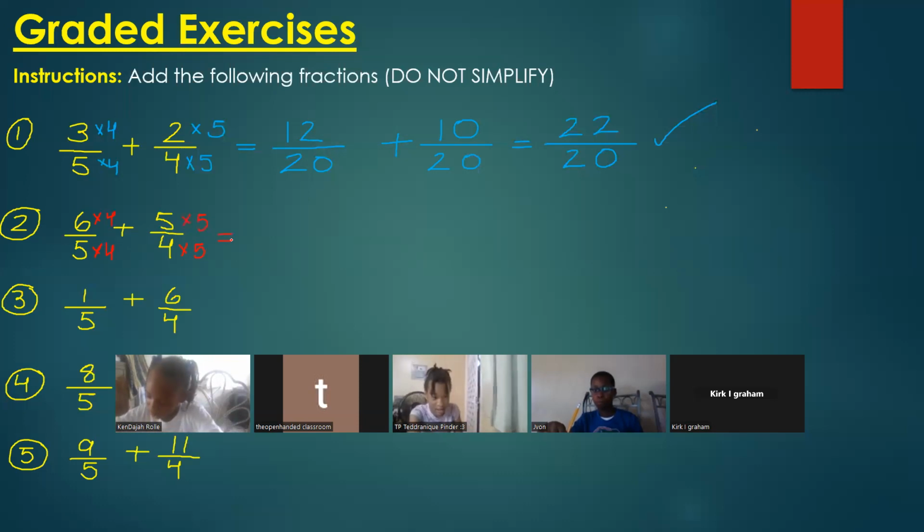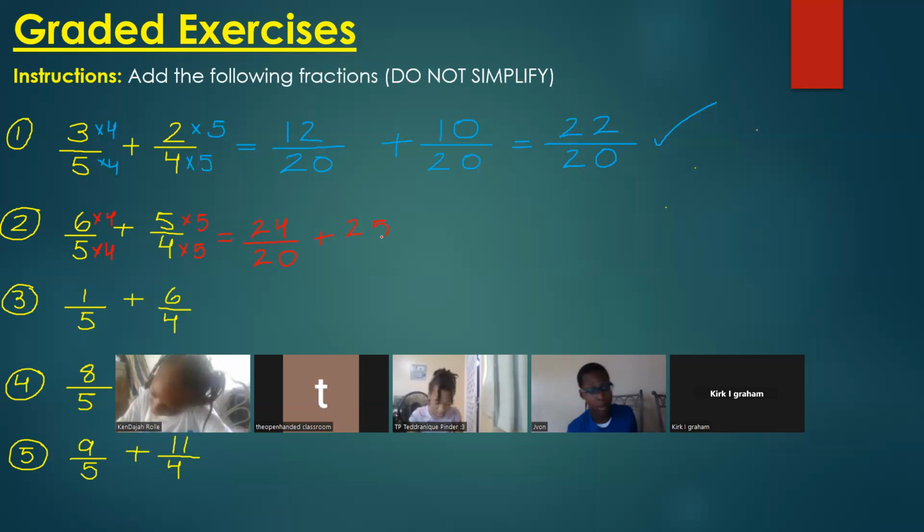Okay, so now we have 24 over 20. How did you get 24? Because 6 times 4 is 24, and 5 times 5 is 25. Very good.